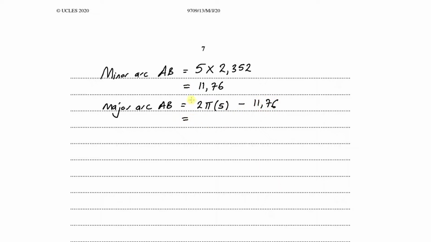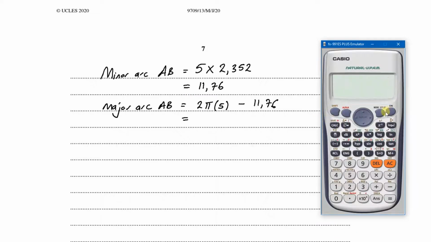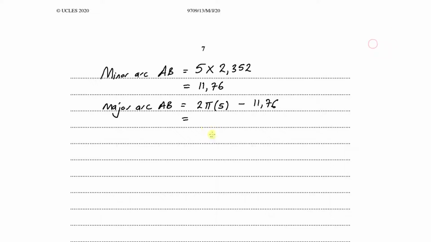So let's type that in. 2 pi times 5, that's 10 pi. So we have here 10 pi minus 11.76. And that's 19.655. So let's just say 19.7. So that's 19.7 right here.